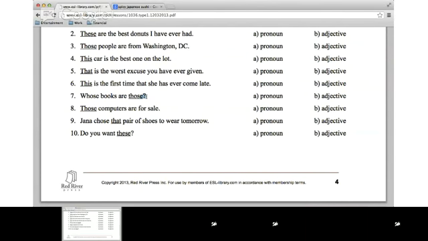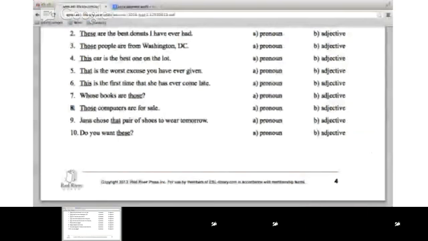Though you may be talking about books, you're singling out a certain set or a certain group of books, and you're replacing books with those. So this is actually a pronoun.